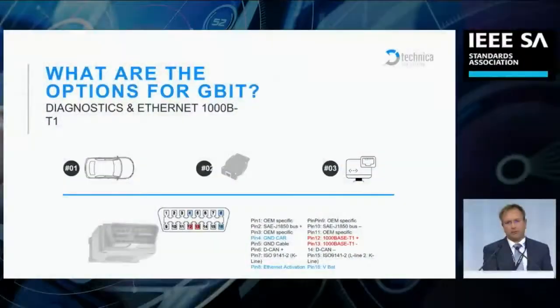So the message is, from the 4 pins used for OBD, we can use 2 pins for the 1000BASE-T1 interface. That does not mean that they kill an old interface. It only means that when you have a new car, diagnostics will be via 1000BASE-T1. For an old one, it will be done by 100 megabit with the same functionality, with the same features. Maybe that is a compromise for them, to show them the future.